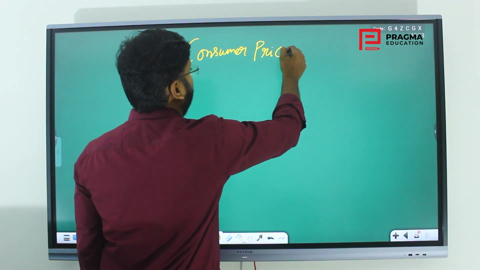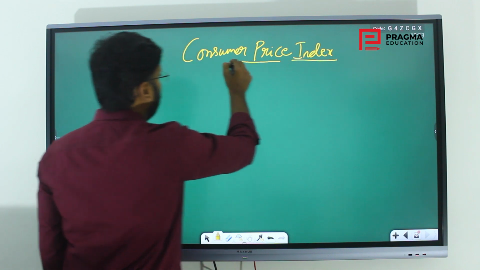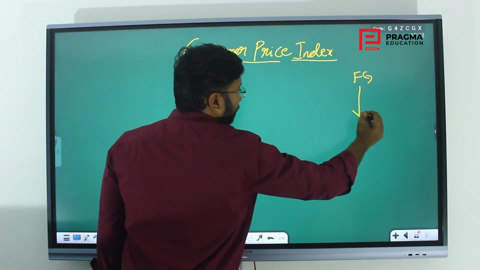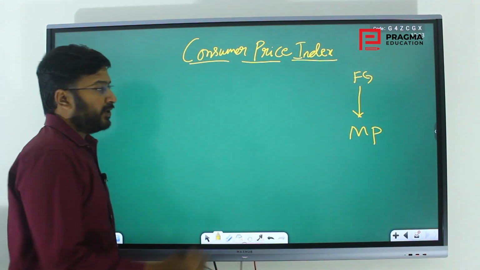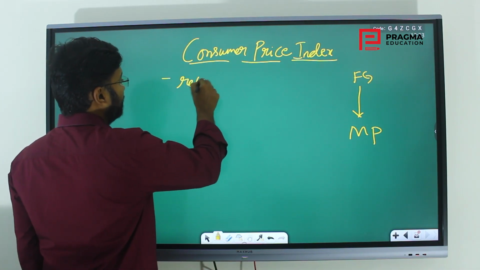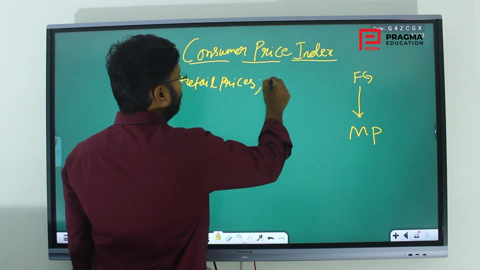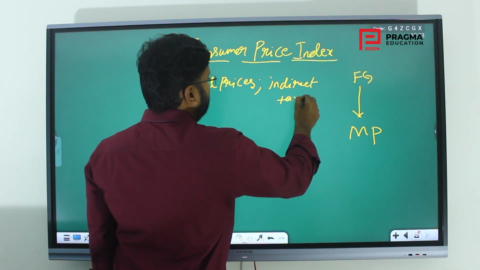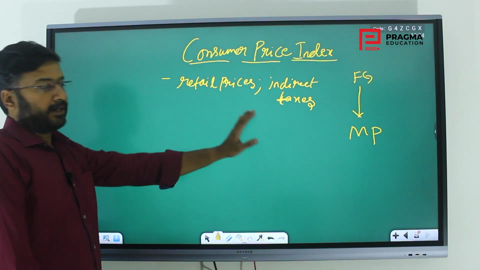Consumer price index. So the same products, with a time lag from the factory gate, will be transported to various places and will reach the market. So when you capture those retail prices in the market, what does this include? Indirect taxes. It includes the indirect taxes.